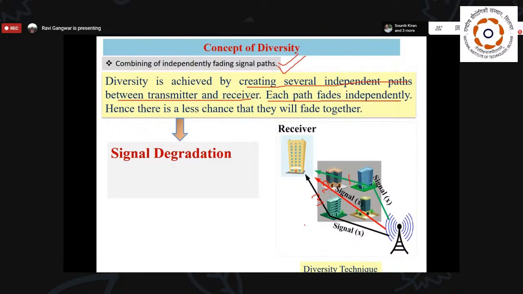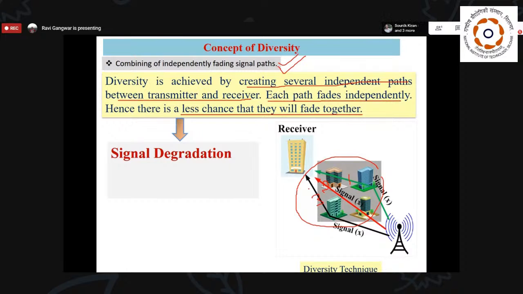So due to that, there is very little chance that they all will fade together. In terms of probability, if we are able to create more than one path in the communication system, then there is a maximum probability that we get at least one signal with greater signal power, so that we can receive that signal effectively and get the information in a reliable manner.